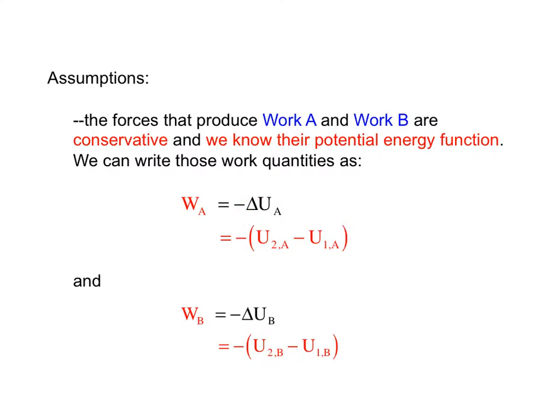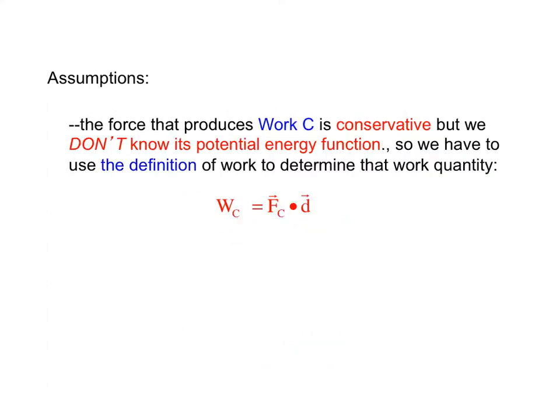Kindly notice the notation. The 1 is identifying point in time 1, which has to do with the beginning of the interval. The A is identifying the fact that this is the potential energy function associated with force A. The 2 is associated with point in time 2, which is to say at the end of the interval.